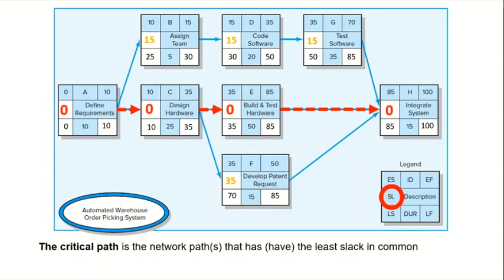However, in terms of definition, the critical path is the network path that has the least slack in common. It is because sometimes in a project, the LF of a critical activity differs from its EF.